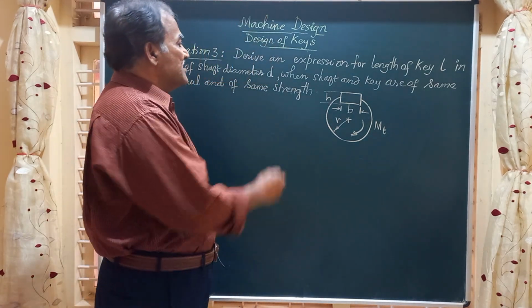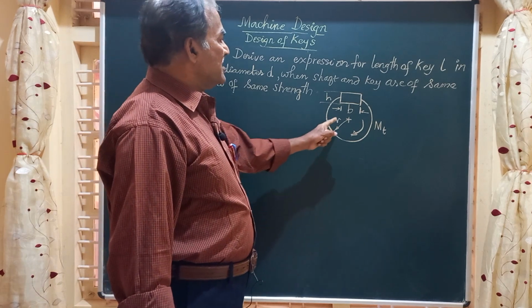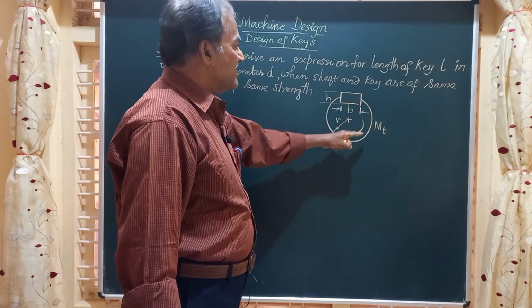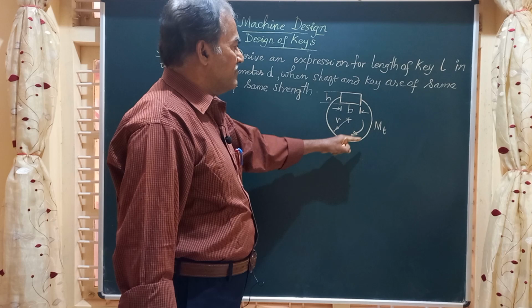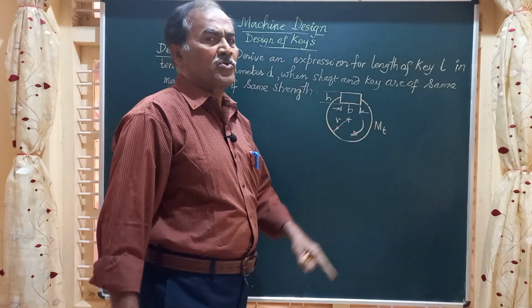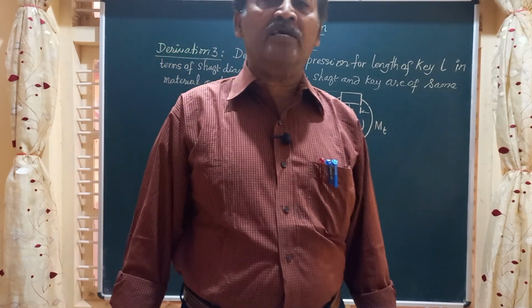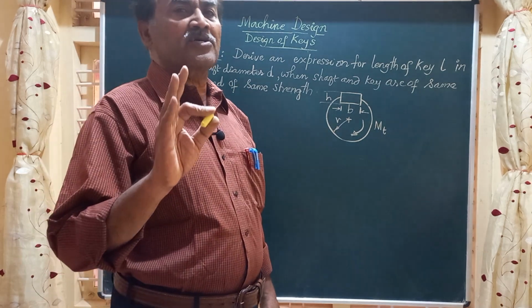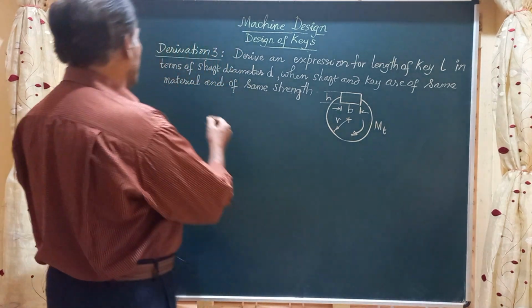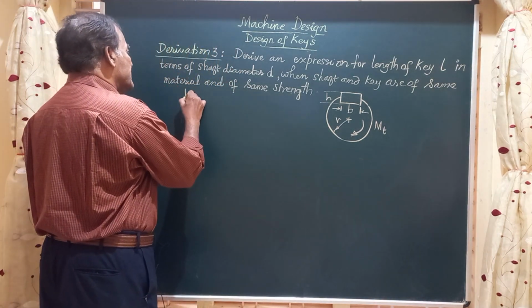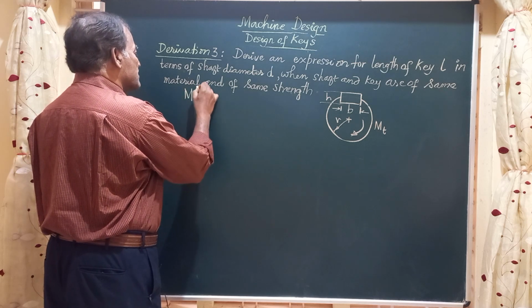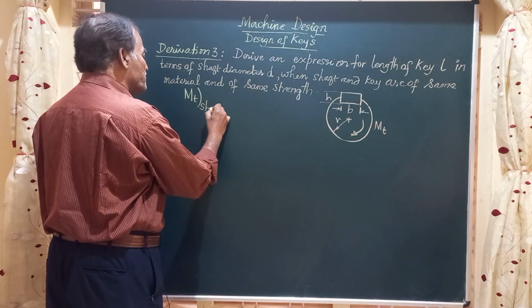Friends, here in this problem, the shaft is transmitting a torque Mt. Let us write down the expression for the torque transmitted by the shaft. So in general, we have Mt shaft means the torque transmitted by the shaft.